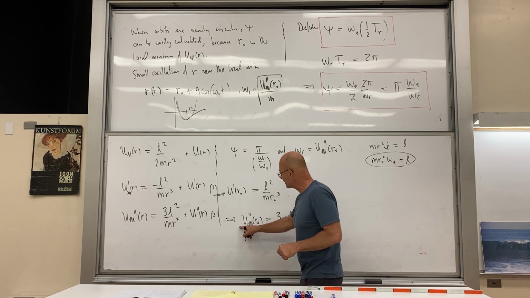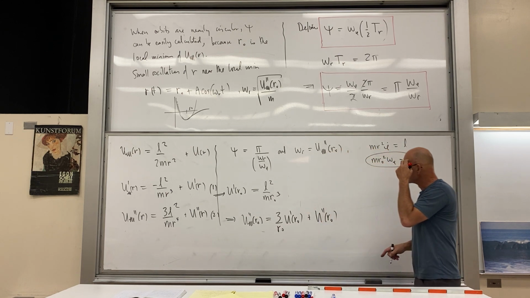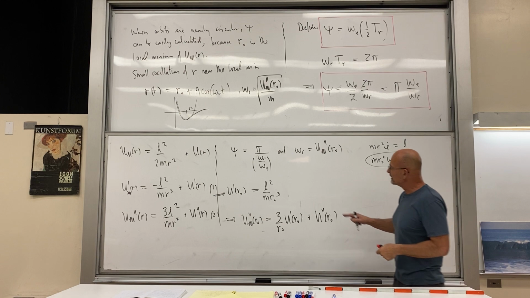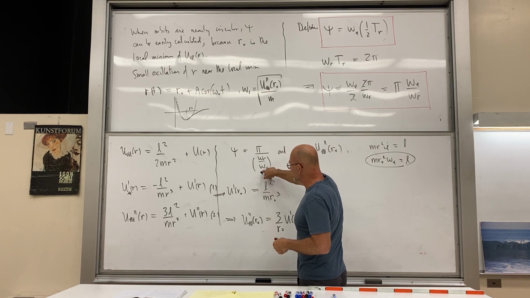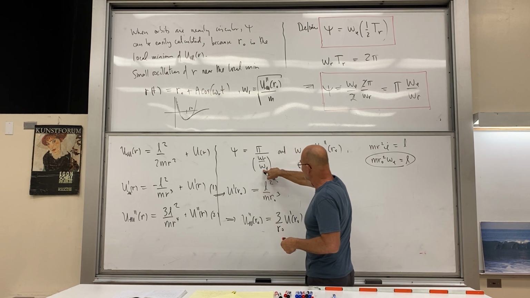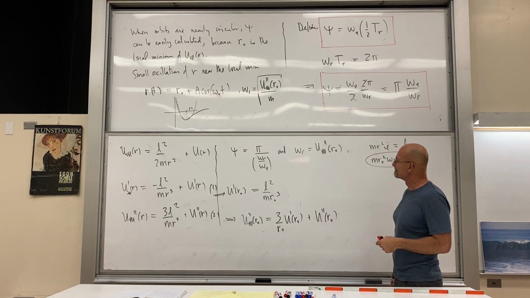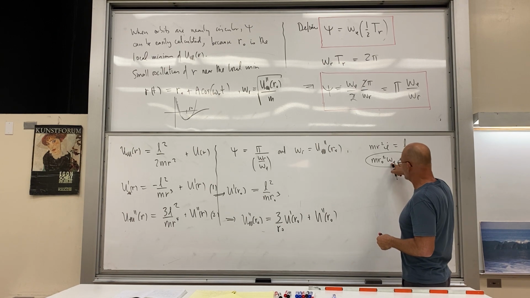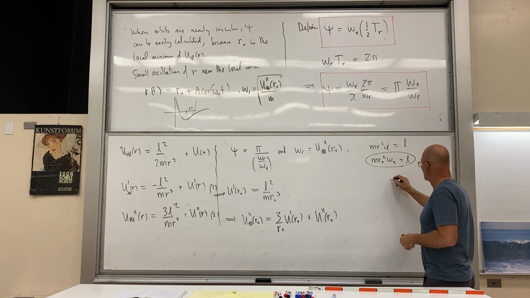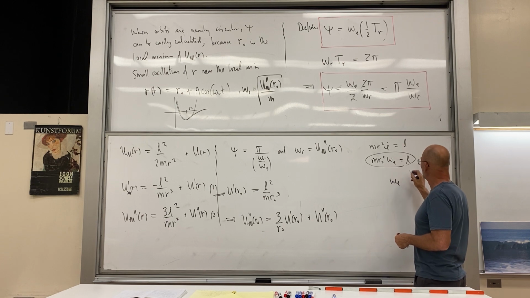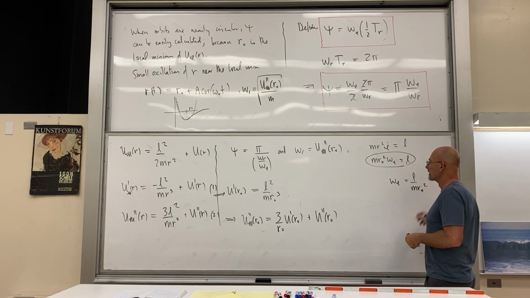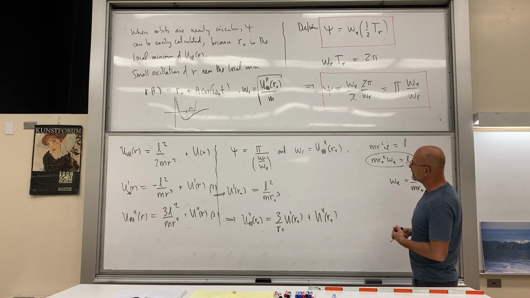Okay. So we have this thing right here. And finally, we have to remind ourselves what omega sub phi was. And omega sub phi was L over m R naught squared. So all of these ingredients should come together now.